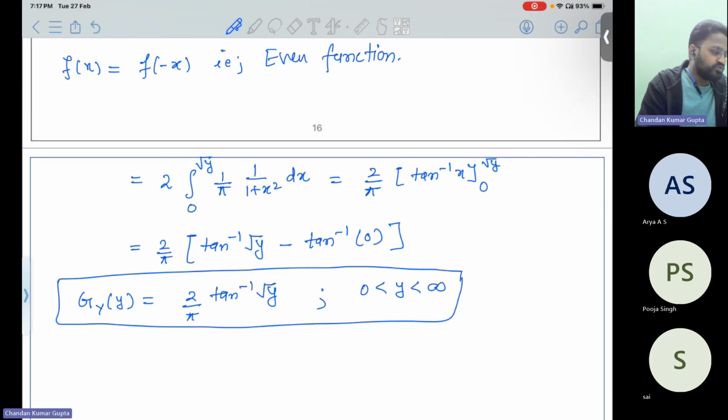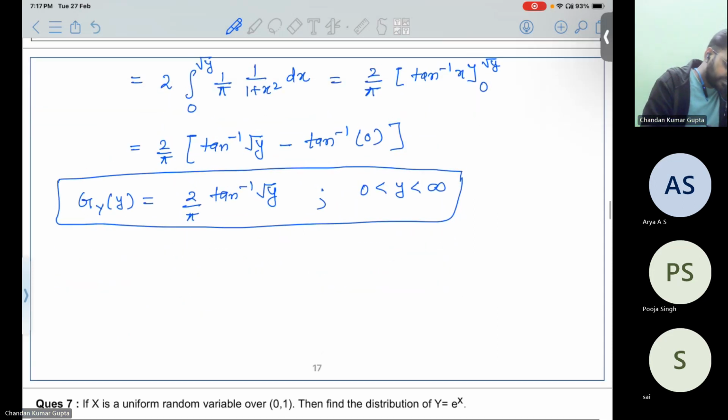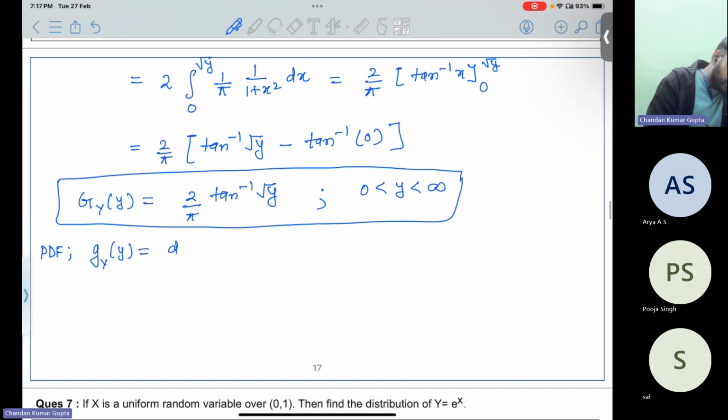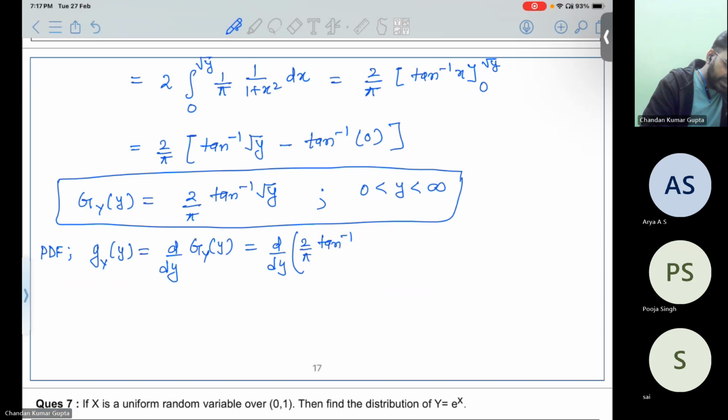Now we need to calculate the PDF. PDF is defined as what? We will differentiate. Okay, so d/dy of 2 upon pi tan inverse root y.